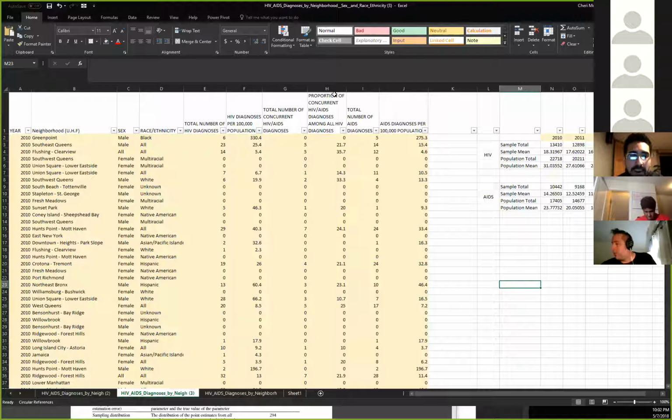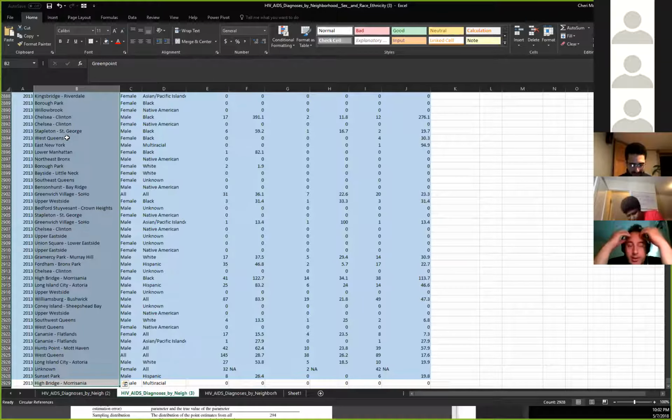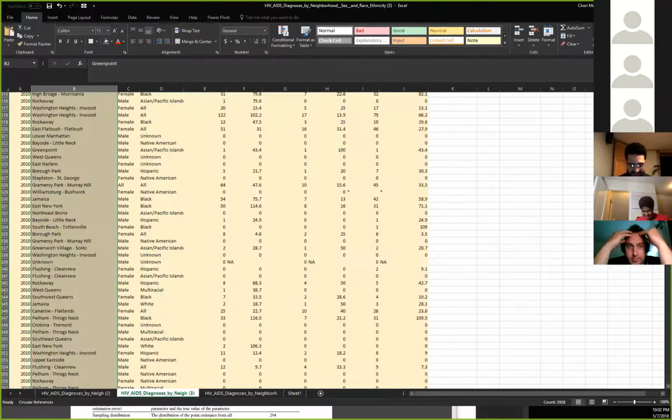Then you could see if there's an effect for a particular race or gender. It's a shame you didn't have it by borough, because then you could really do some things by borough. By neighborhood it's a little harder, because of how many data points you have here. We were going to sift out the two highest and the two lowest or something like that. Yeah, that's fine. You have a lot of data, so you could do a lot with it.